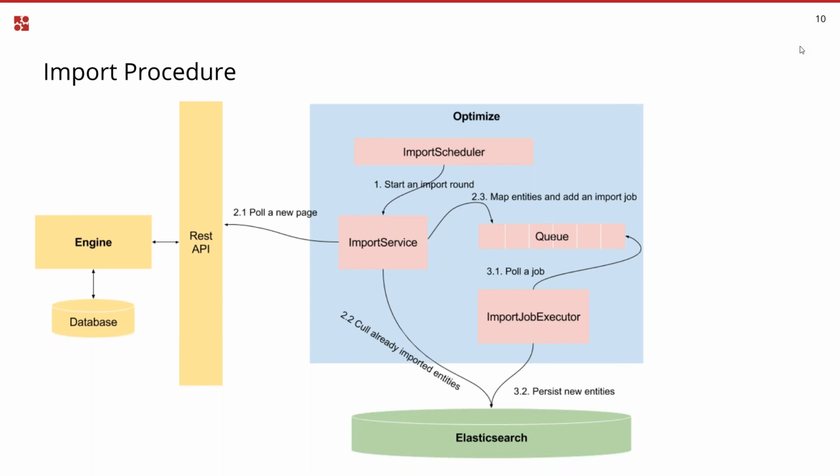So you want to get this actual information into Optimize, and there we provide a plug-in mechanism that you can use to analyze the variables Optimize is about to import. Then you can, for example, fetch all the additional data that you want to import to Optimize, enrich this variable import with that, and then this is added to Elasticsearch.